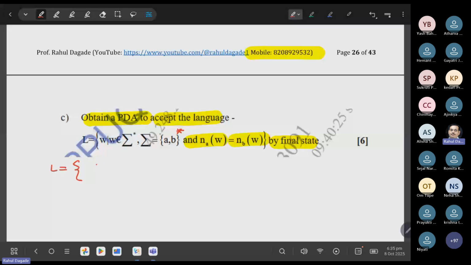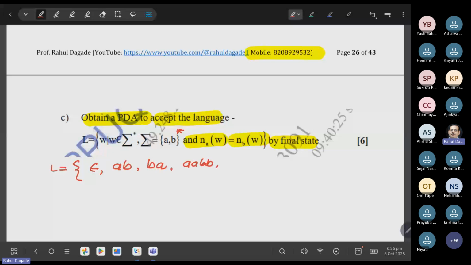We have the string AB, 1 A, 1 B. BA is also a valid string, 1 B, 1 A. We cannot have a three length string because in that one will be greater than the other. So we will have four length strings like AABB, it's a valid string.